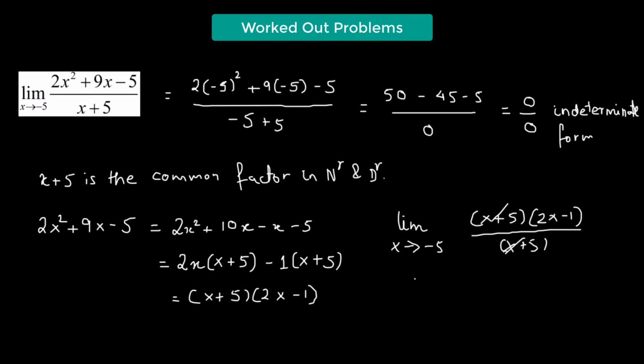So they will cancel out, leaving us with 2x minus 1. Now we substitute the value of x. So we have 2 times negative 5 minus 1, which gives us negative 10 minus 1, which is negative 11. So this is going to be the limiting value of the given function.